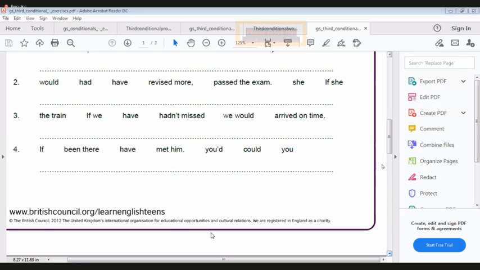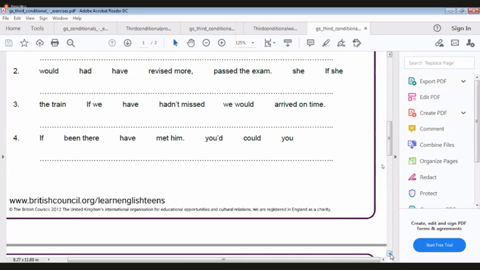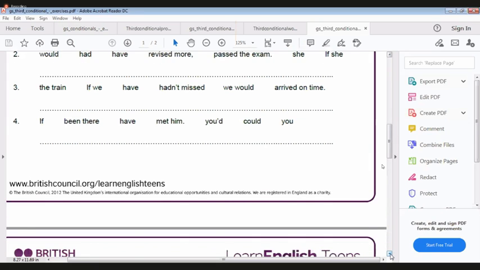Yes. You're confusing me also. Okay. It should be past perfect. What is the verb with the past perfect? You had. Okay. If you had been there, you could have met him. You have to think very carefully and critically.